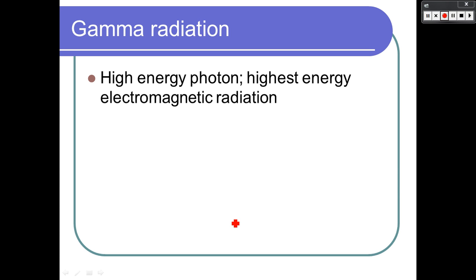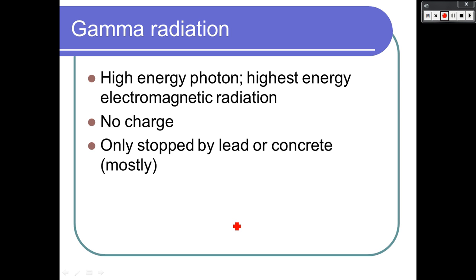Some of your scientist projects talked about photons, and it's the highest energy electromagnetic radiation. It has no charge because it's a photon, it's energy, it's not a particle, and it's only stopped by lead or several feet of concrete for the most part. Okay, nothing can completely stop gamma radiation, and it's incredibly damaging to human tissue.